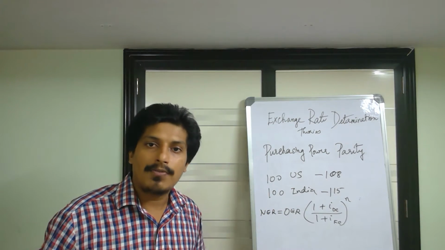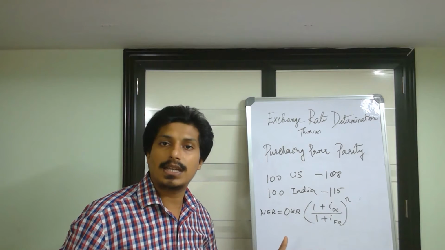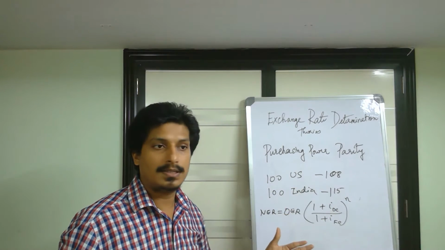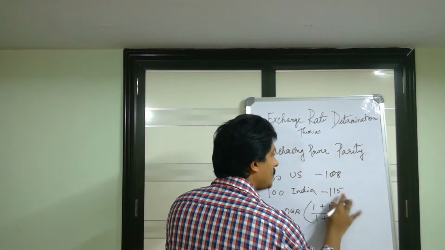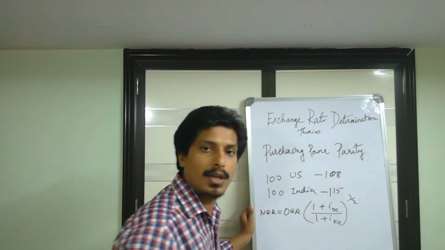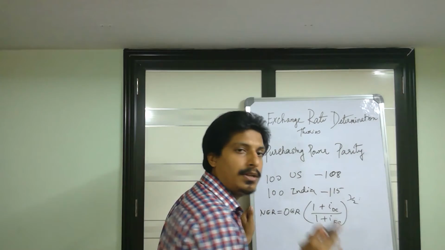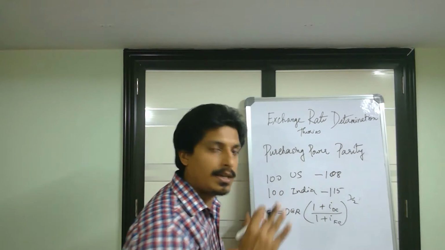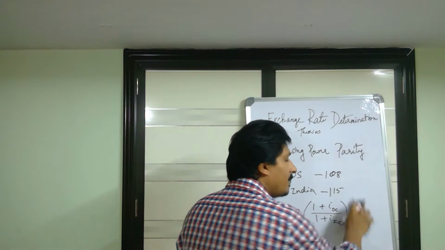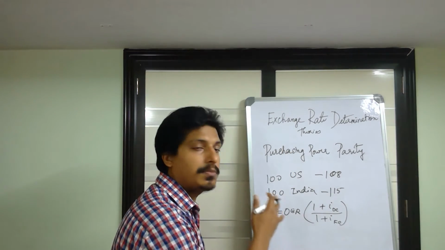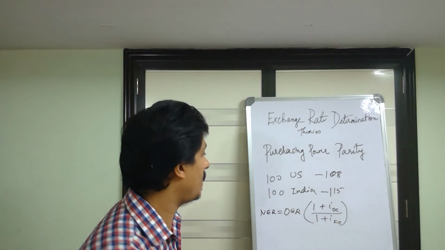If you were calculating the exchange rate for 6 months, based on 6 months inflation, then n becomes 1 by 2. One full year is divided into 2 parts, 6 months. Same way you can do it for quarters also, 3 months, 4 months, any number of months.